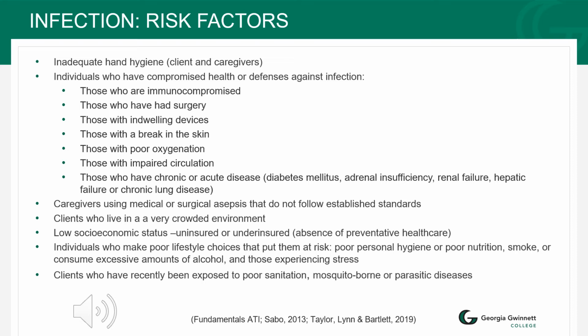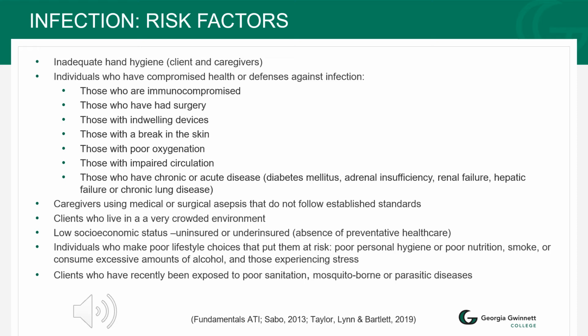So as a nurse, you want to assess your clients for risk of infection specific to the client, or to the environment or the disease. So someone who has inadequate hand hygiene, they don't wash their hands after going to the restroom, or they don't wash their hands before they do their dressing change, they're at a higher risk for infection. People who have compromised health or their defense systems are compromised.